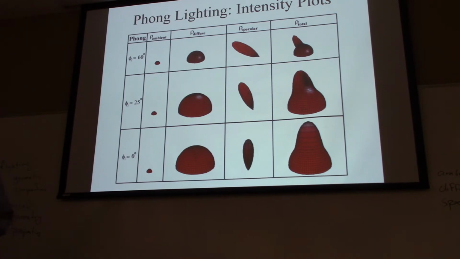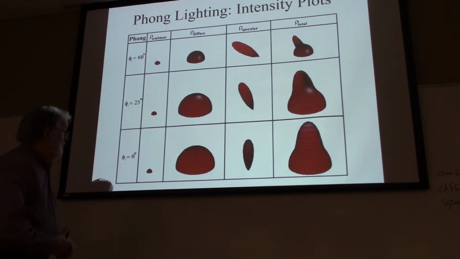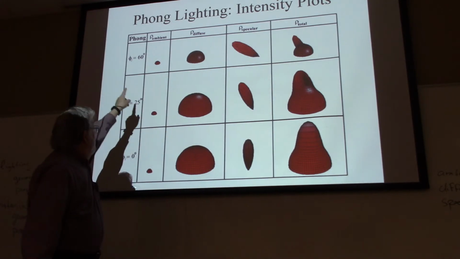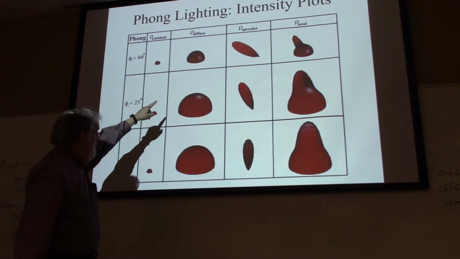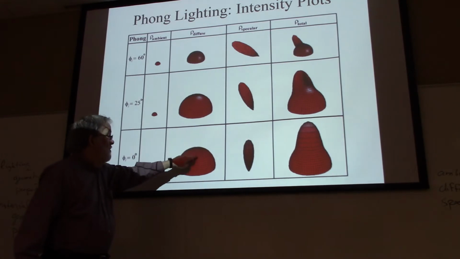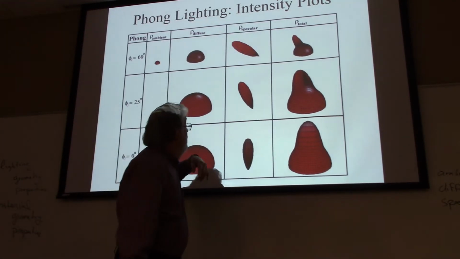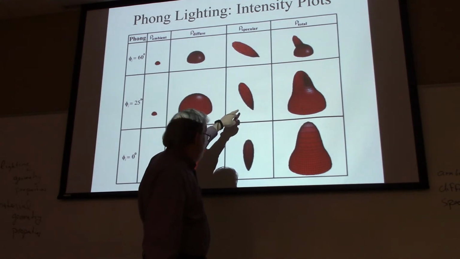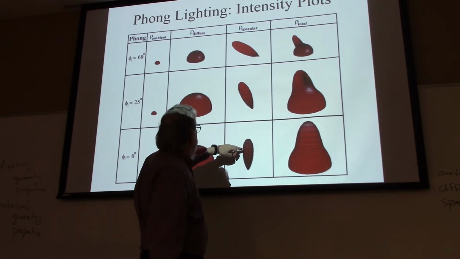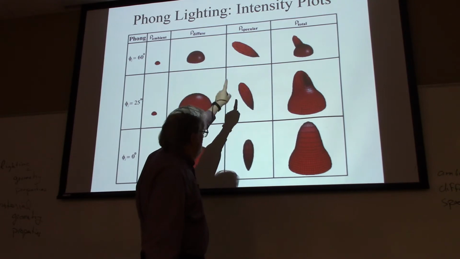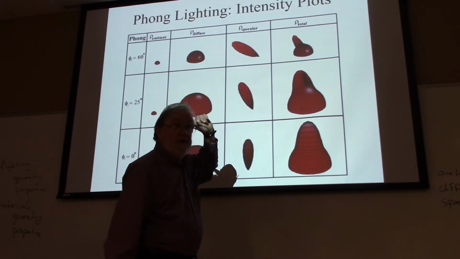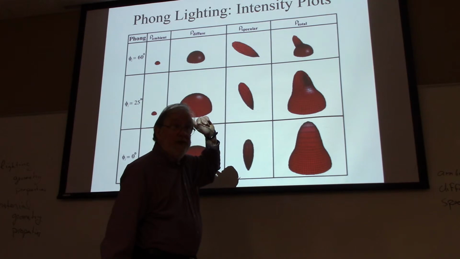And we saw this. This is showing the mixture of the specular component and the diffuse component. There's the angle of incidence. The closer you are to normal incidence, the greater the diffuse reflectance. And here is the specular component. Here it doesn't matter what the angle of illumination is.